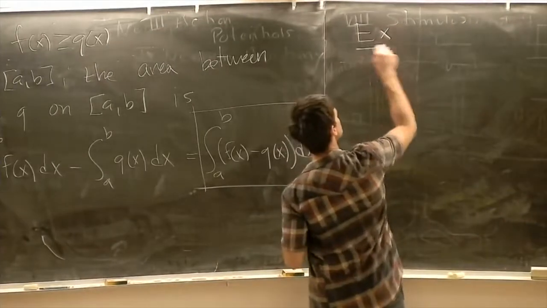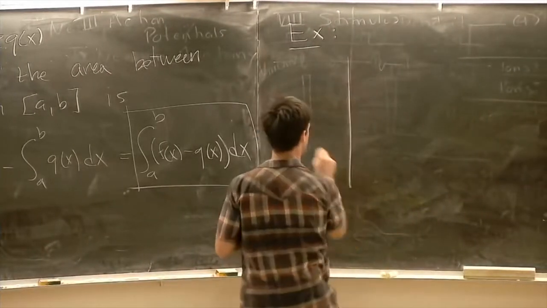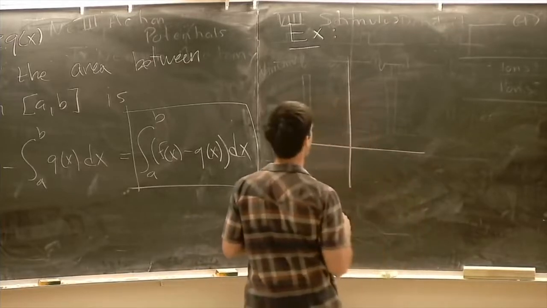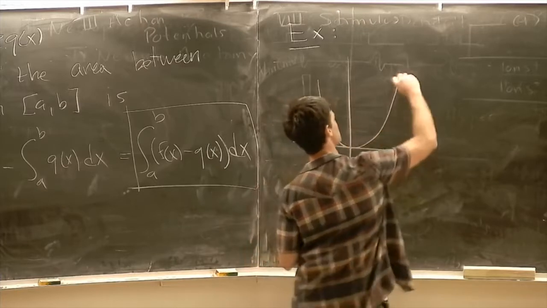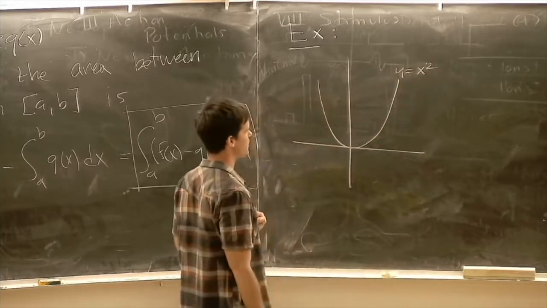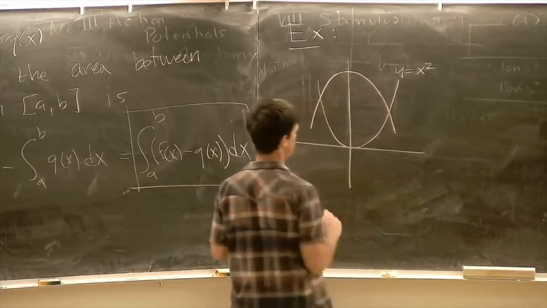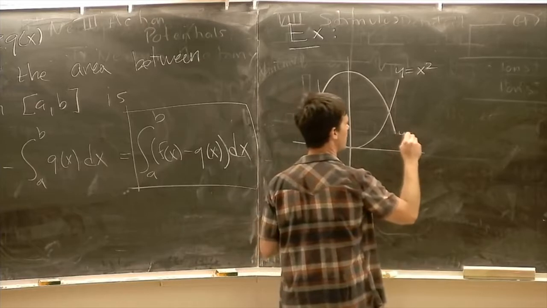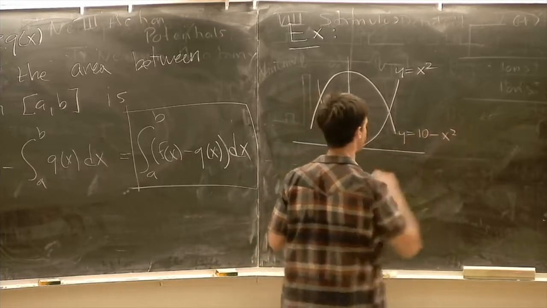So let's do an example. Let's make this function y equals x squared. Let's make this function y equals 10 minus x squared.